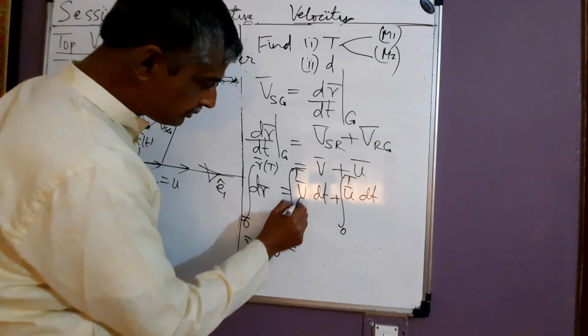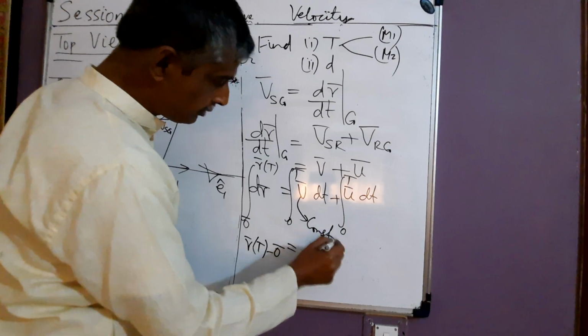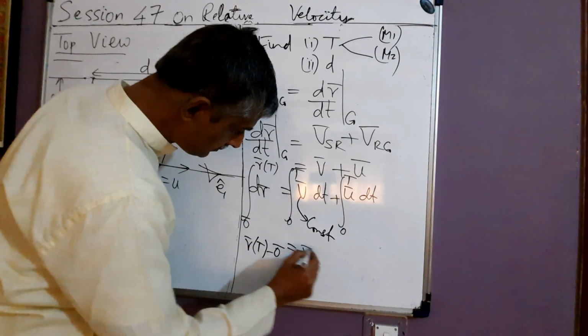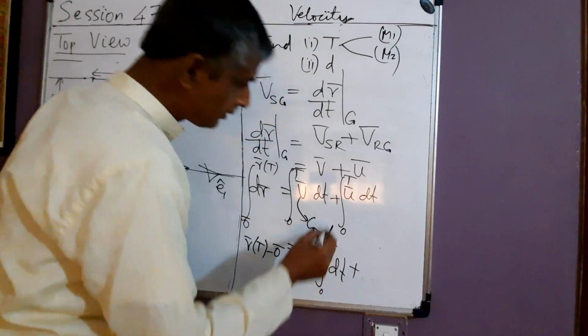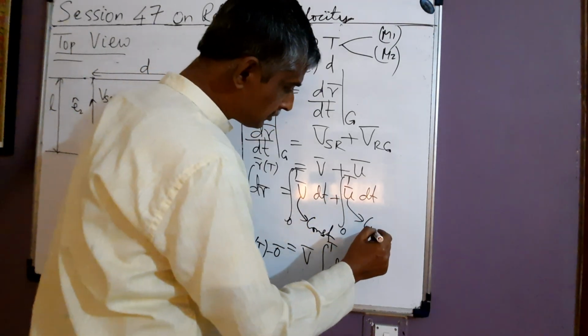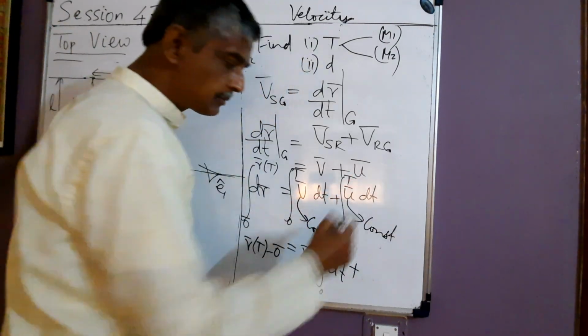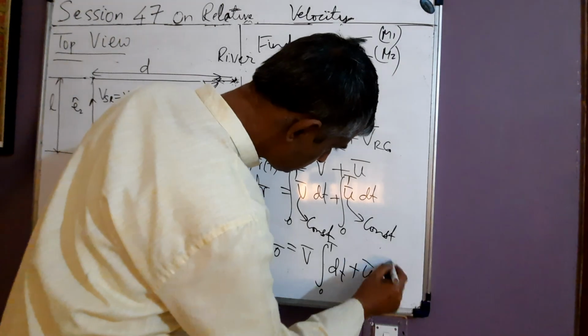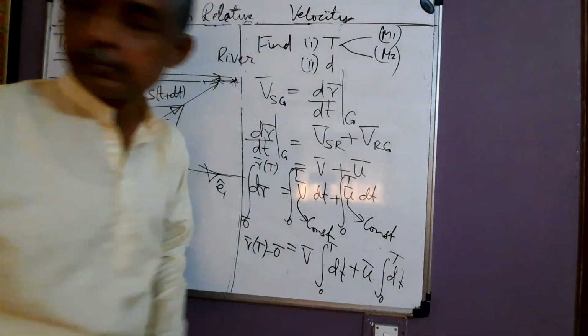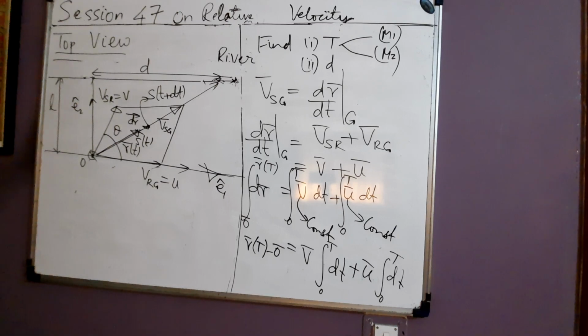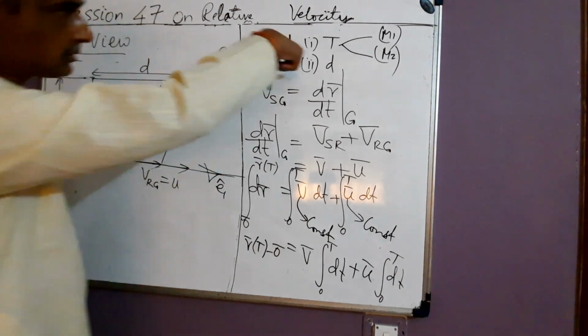Now VSR is V, constant, so V comes outside the integral, dt, 0 to capital T. VRG is U, because that is also constant, so this also comes outside the integral, 0 to capital T. Alright.